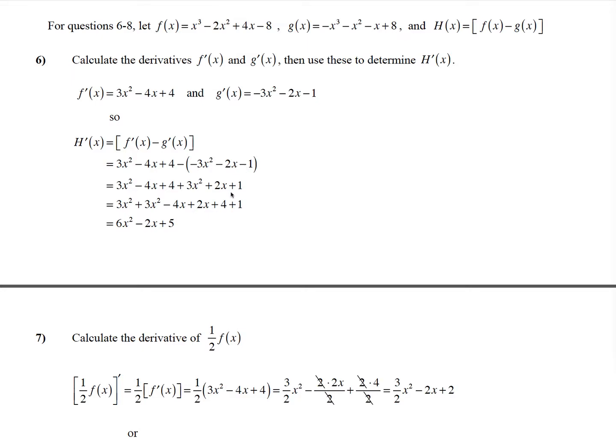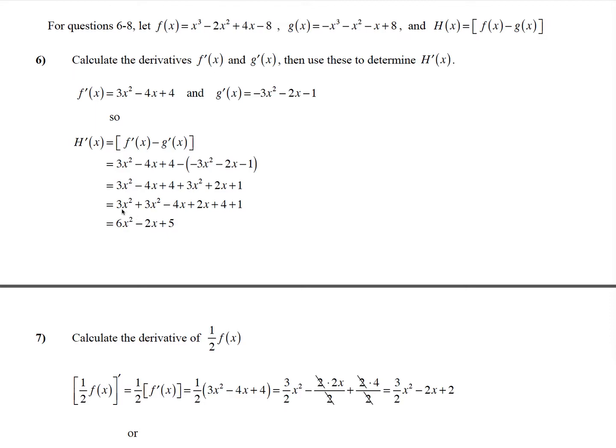And then in this step, which you don't necessarily have to do, but I only included for clarity, I collected like terms, that is to say the 3x squared and the 3x squared here are together, and the negative 4x and the positive 2x are here together, and the positive 4 and the positive 1.